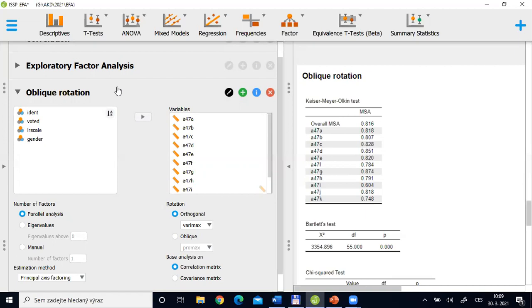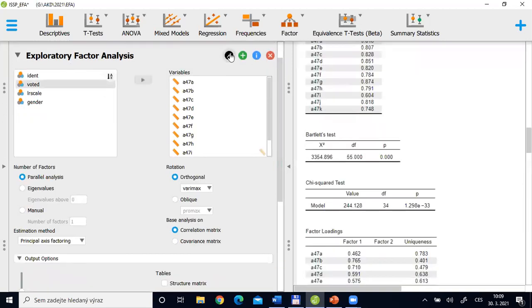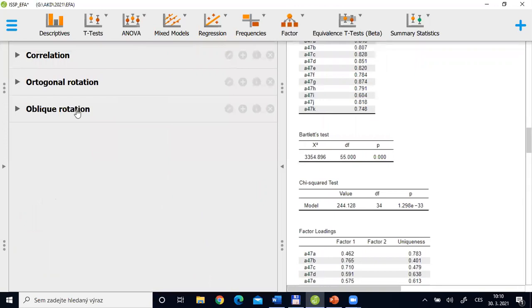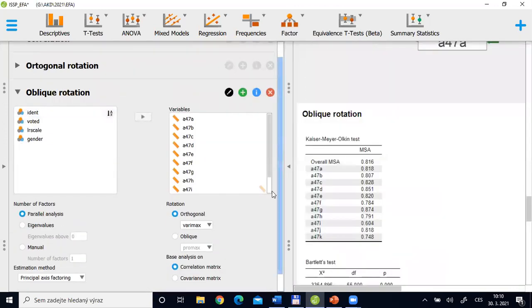So that's why, as I expect there could be a relationship between these two dimensions, I would perform an oblique rotation, as in the previous case, which was an orthogonal rotation, it is expected that these two dimensions are not related at all. So I will change the title for the data, and I would perform oblique rotation here.